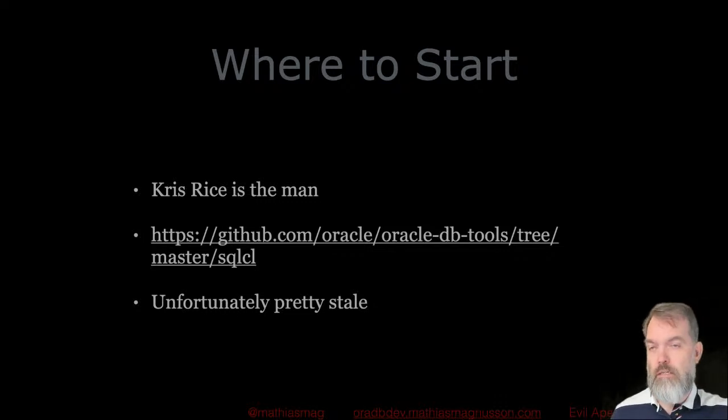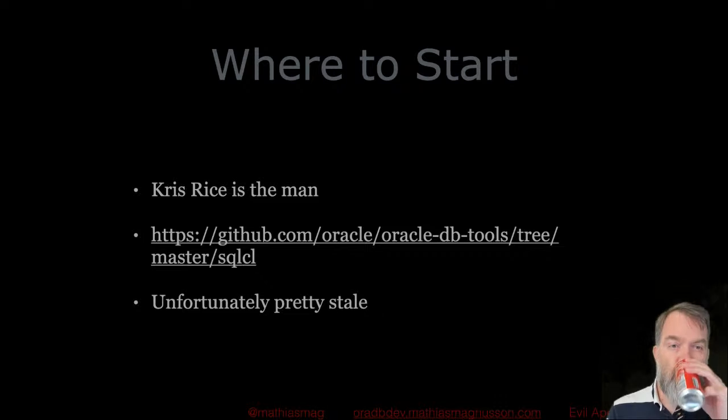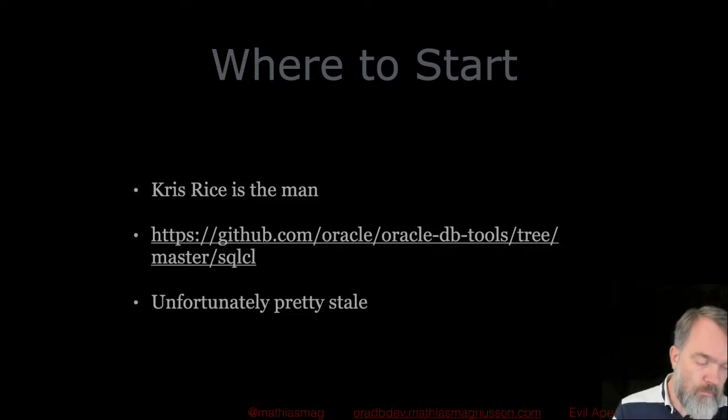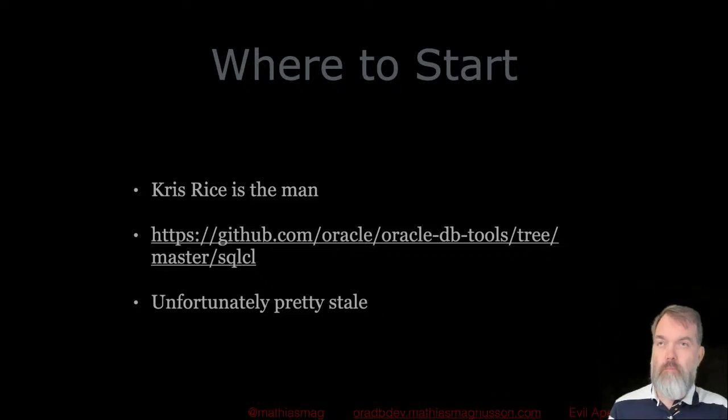What's unfortunate is that it's a little bit stale, and I think it's stale because they would need input, someone to tell them what else is needed out there. My view is that it shows some complete examples of things you can do. If you want this, you can do it this way.